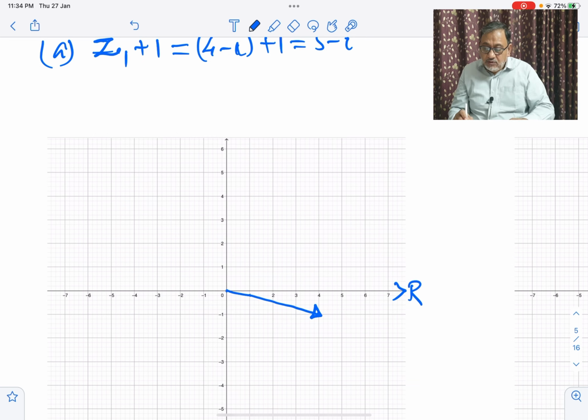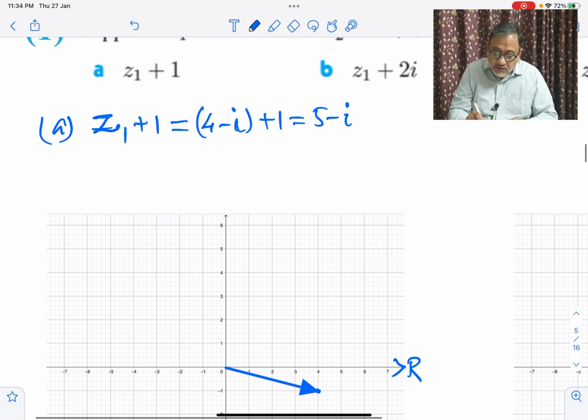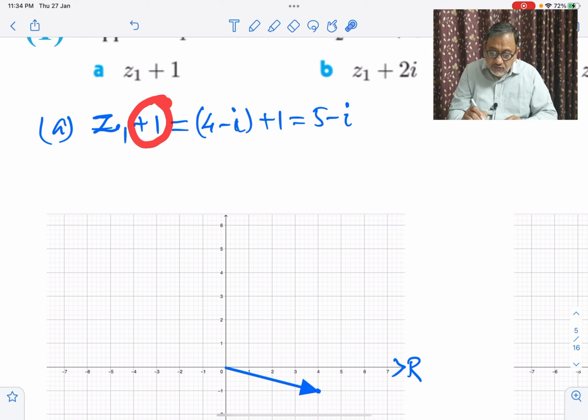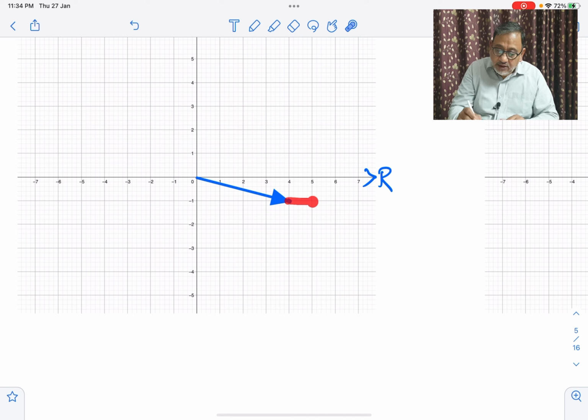Now from here I will have to add plus 1. Plus 1 will be in the direction of the real axis, so it will be a horizontal shift of 1. From here I will go 1 unit to the right, and this will be my final destination.